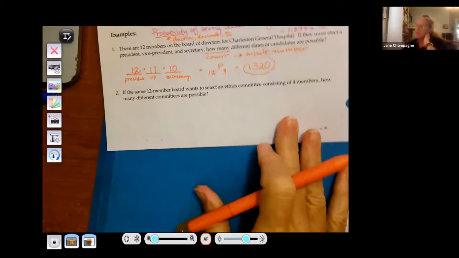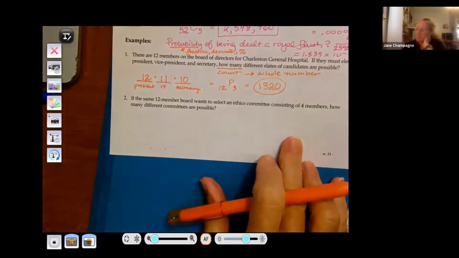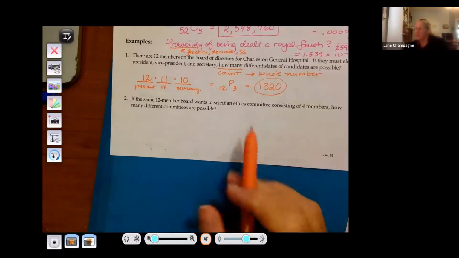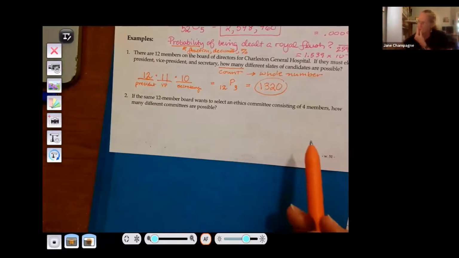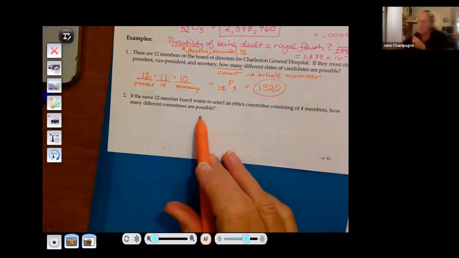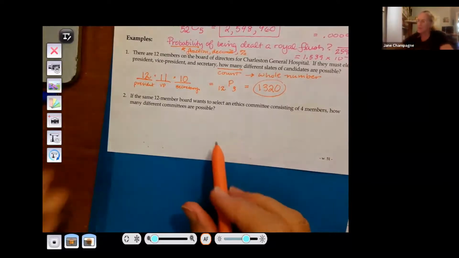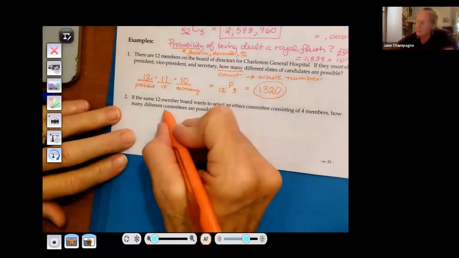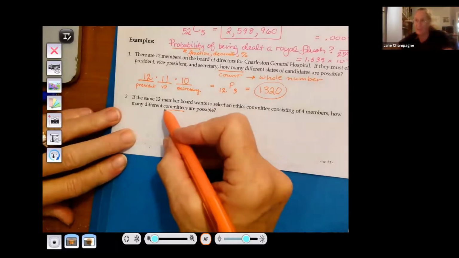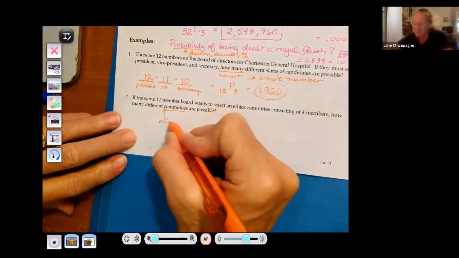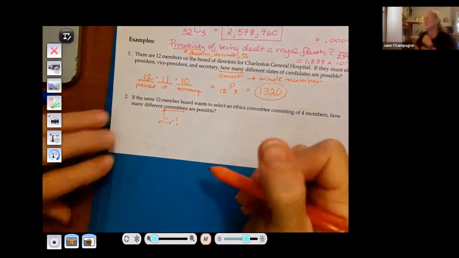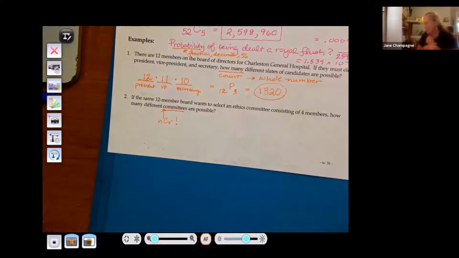The same 12, number 4 wants to select ethics. Just remember that starts with C. That's nCr. Okay, because if you're choosing a committee, order doesn't matter.